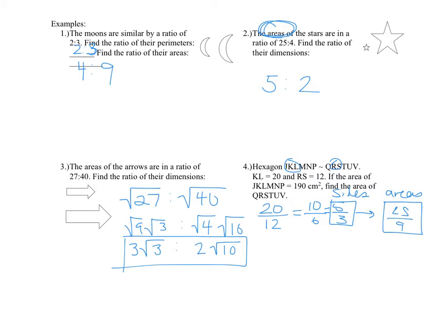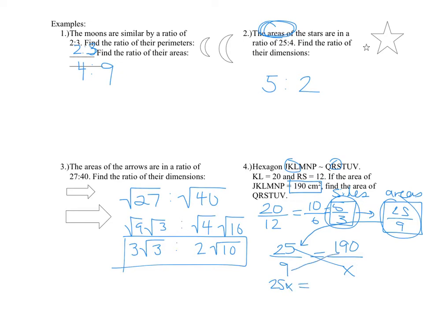So this is the ratio that we're going to use to set up a proportion to find the missing area. If we know the ratio of the areas is 25 to 9, and 25 is for the one on the left, remember, that's the hexagon JKLMNP, and that's the area that we know, that's 190. So we're going to put 190 next to that one, and then we're going to solve for x. So notice I didn't use the ratio of the sides in my proportion, I used the ratio of the areas. Once I have this set up, I'm going to solve my proportion like normal, where I cross multiply. The product of these two, which is 25x, is equal to the product of these two, so 9 times 190.